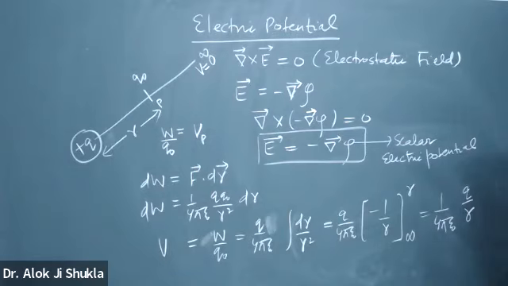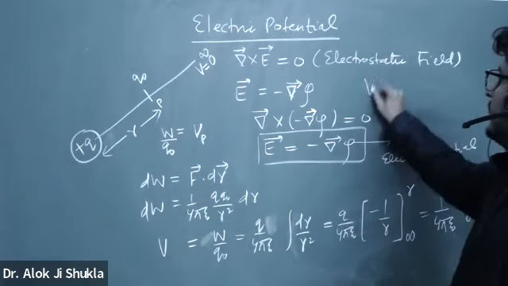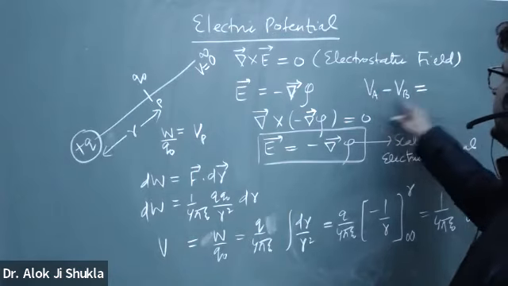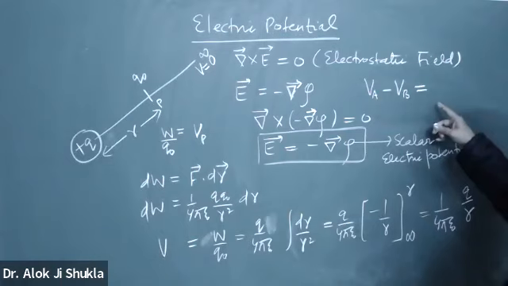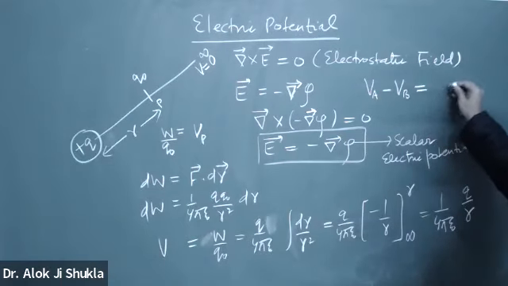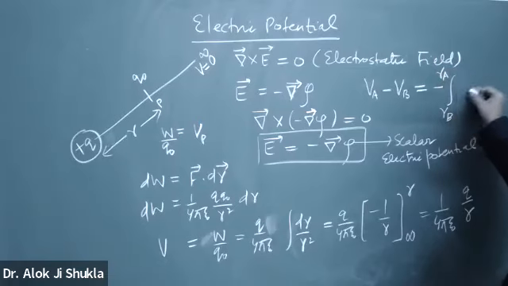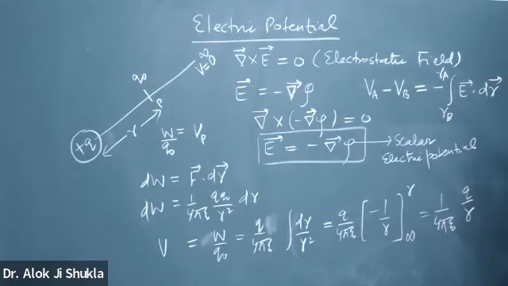So if you take reference points, like if you take VA minus VB, ये भी definition ले लेते हैं दो points के बीच में, then it will become minus integral from RB to RA of E dot dr, field dot dr. Okay?